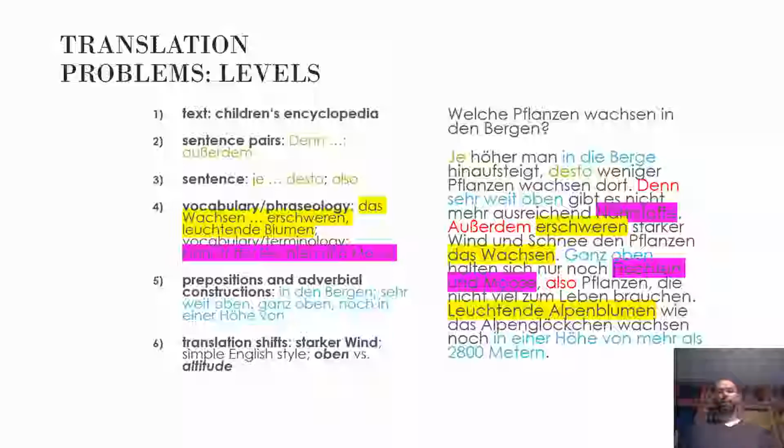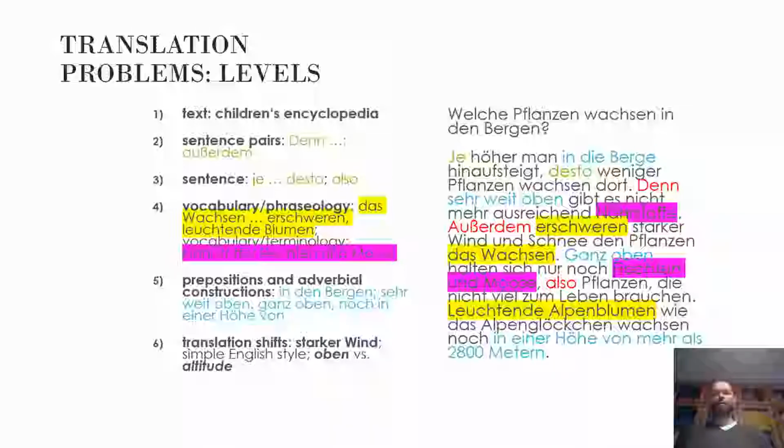The fourth level I'd like to look at is vocabulary. This can be divided into two sub-areas. One is general phraseology, collocations, word combinations, for instance. In our text we have, for instance, das Wachsen erschweren and leuchtende Alpenblumen, which may be a little bit tricky to translate if you've never thought about these phrases.